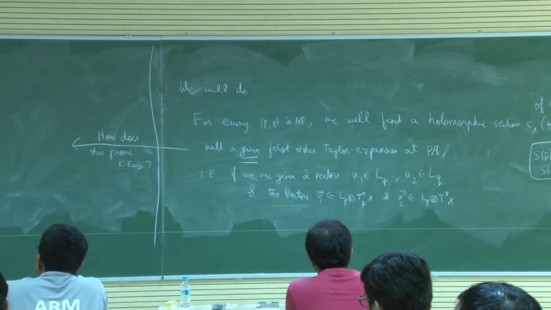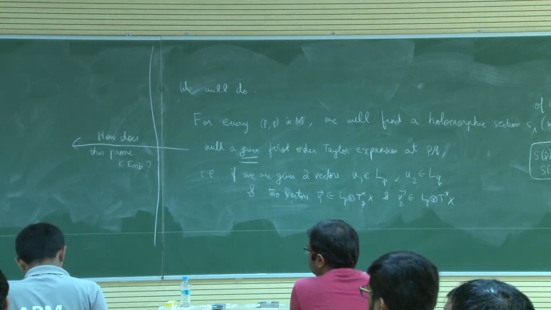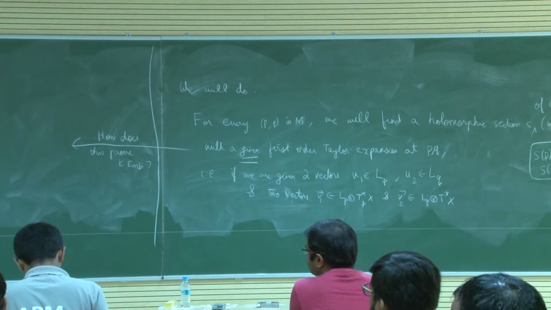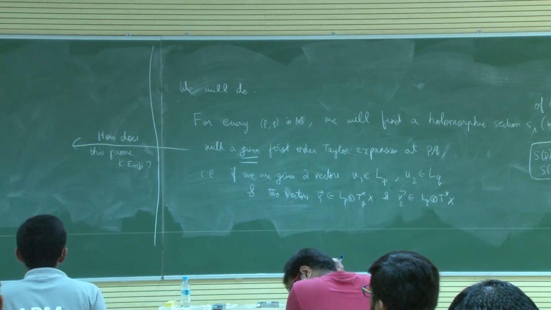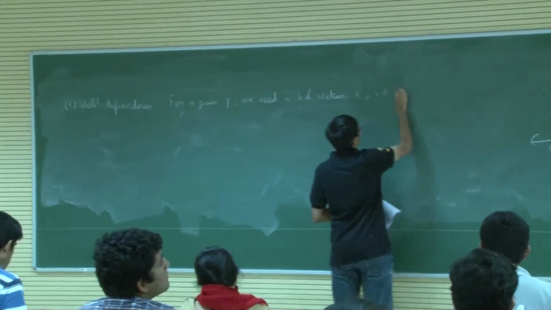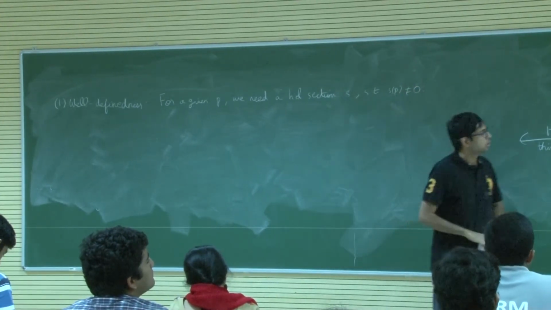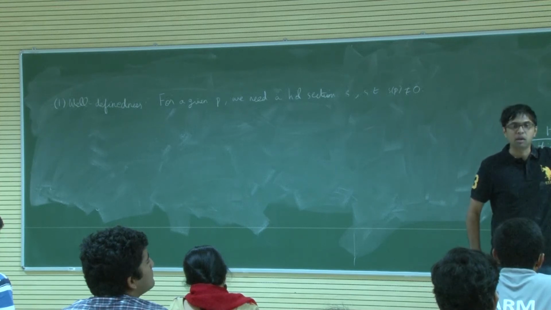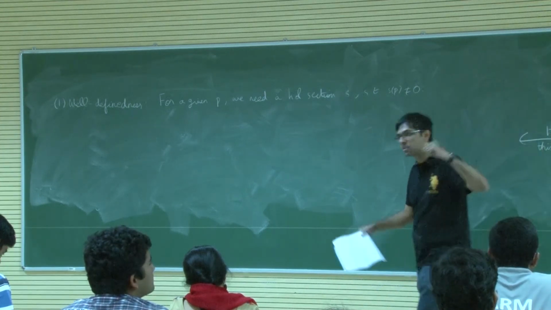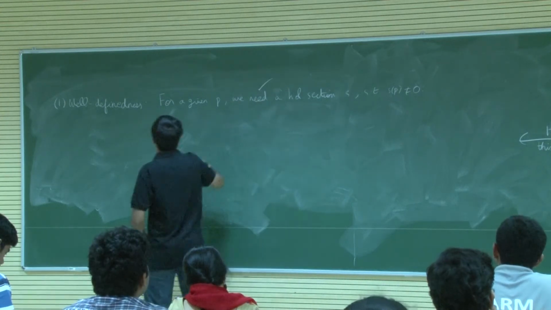For a given point P, we need a holomorphic section S such that S of P is not zero, correct? Of course that's going to be satisfied. We are doing much better than that. We are specifying first order Taylor expansions no less. So this will be done trivially.